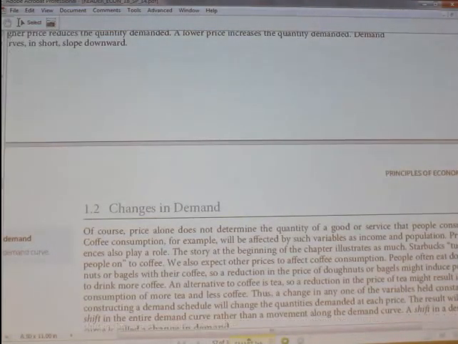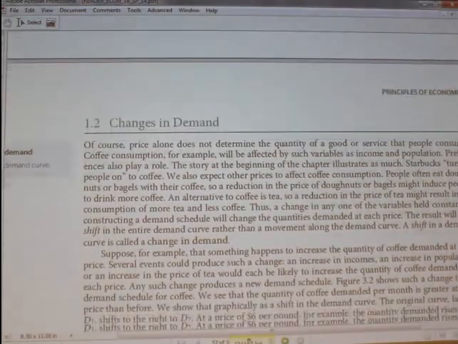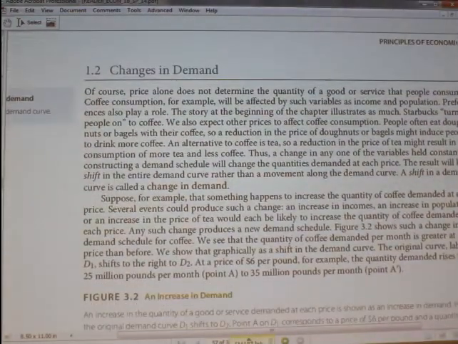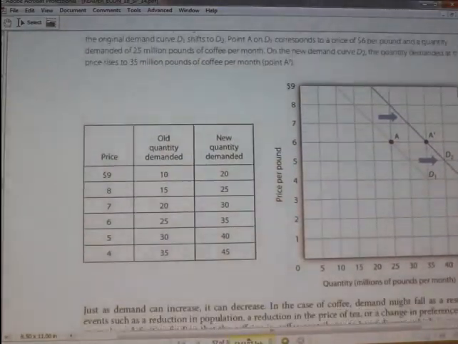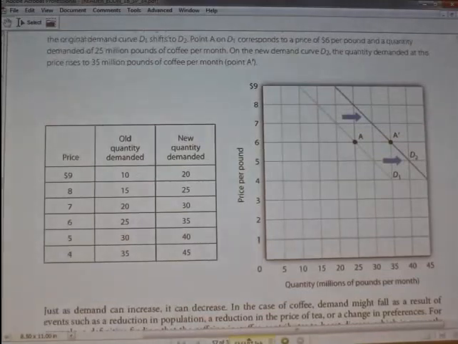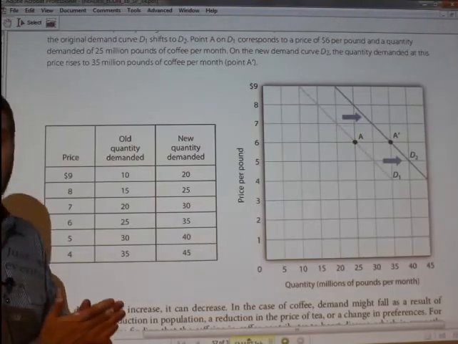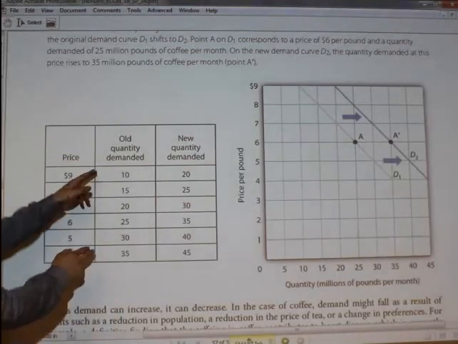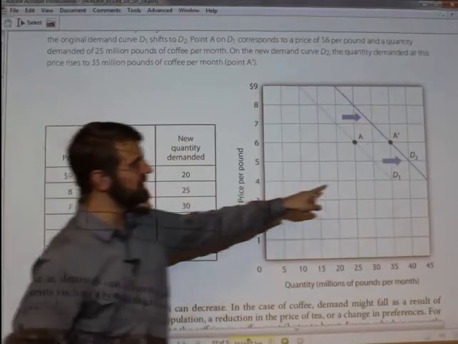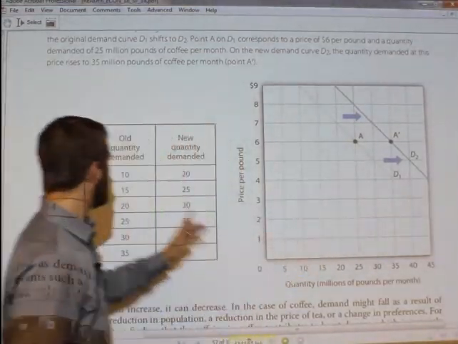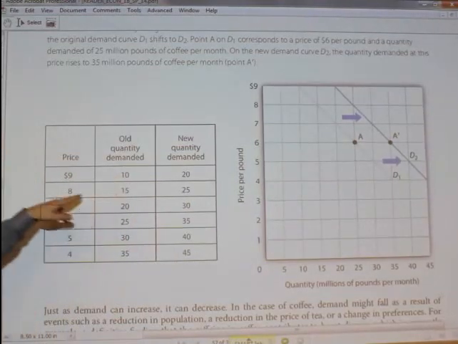Okay, so demand can change, and in particular, we're going to look at movements and shifts. Here we have a shift in demand. We had the old demand schedule that was graphed and labeled D1, and then something happens.